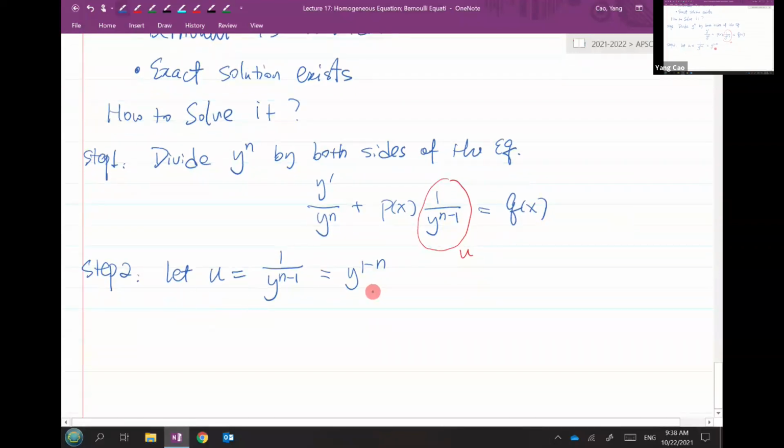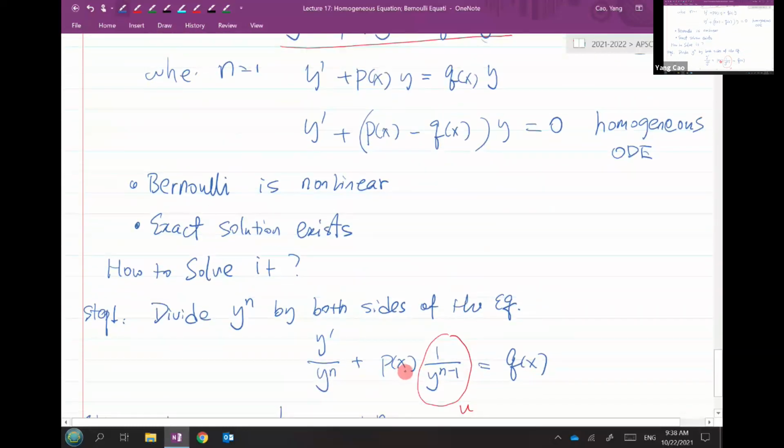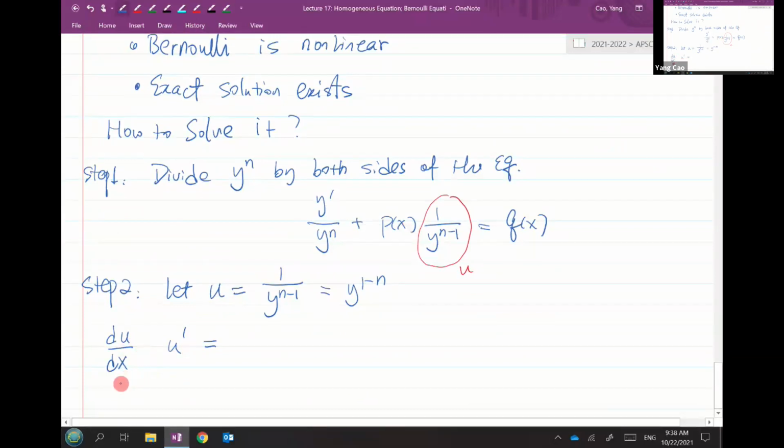Based on the introduction of the new variable u, let's take the derivative of u. When I write u prime here, in the background you're taking the derivative of u with respect to x, because I have x here. If this were t, then u prime would mean du over dt.